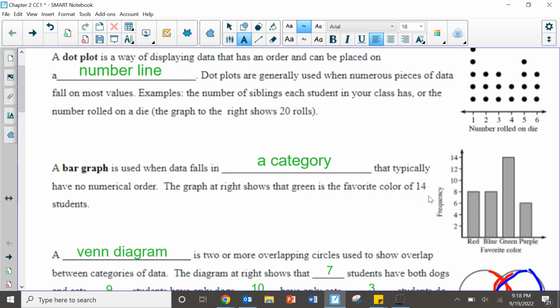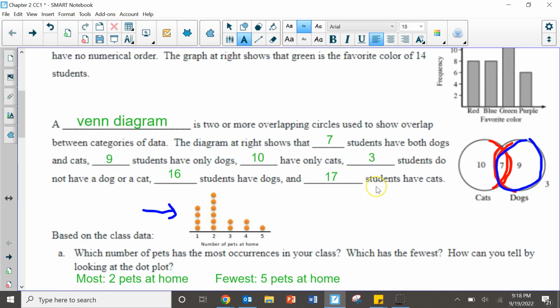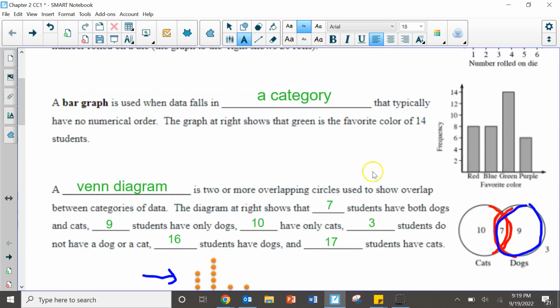Now, if I asked how many students had siblings and I was specific with brothers or sisters, a Venn diagram might work best, because you can have both a brother and a sister, or one of each, or you could be an only child and be really cool like me, and so you'd be that outside data piece. So it really depends on what you are graphing. That's what you want to pay attention to.